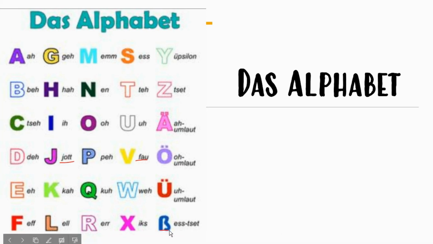It is similar to the beta sign in the Greek alphabet. Now see, J in German is pronounced as Y.